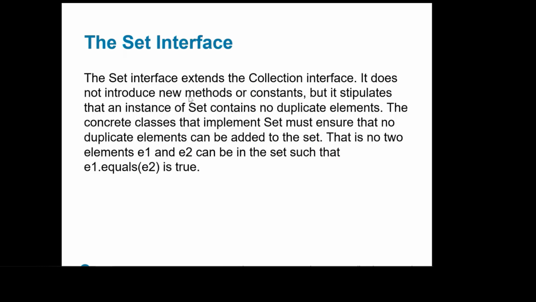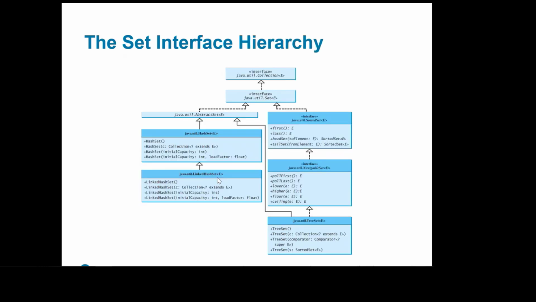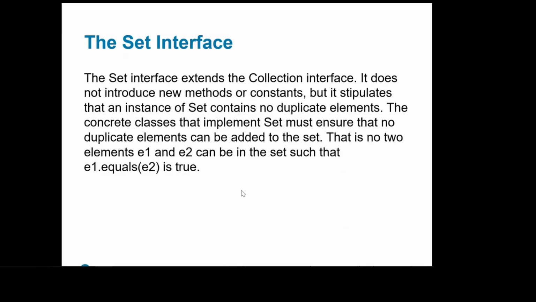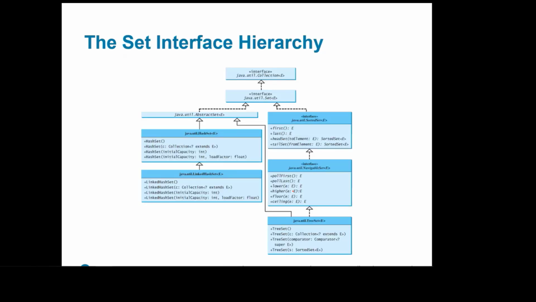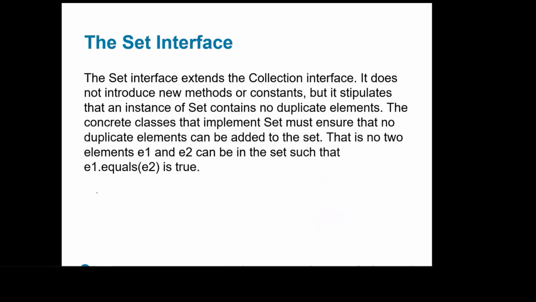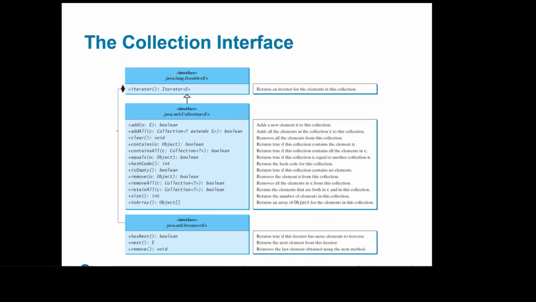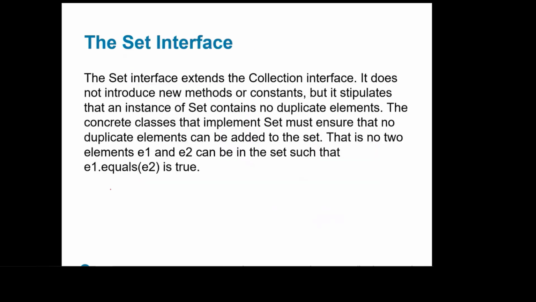So it does not introduce any new methods or constants, but it will be arranged in such a way that no two values are allowed. So if I create a set S, it will use all these methods, but in a little different way.